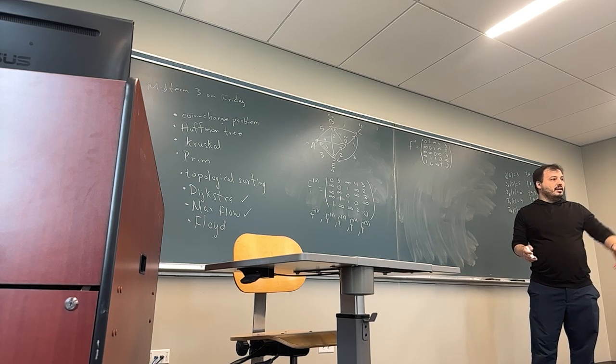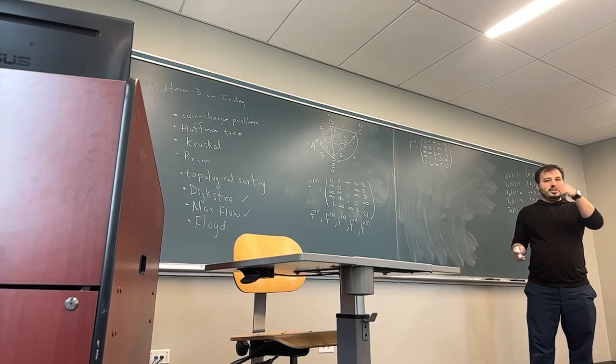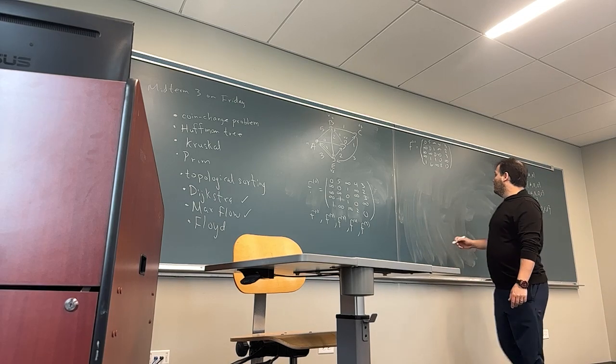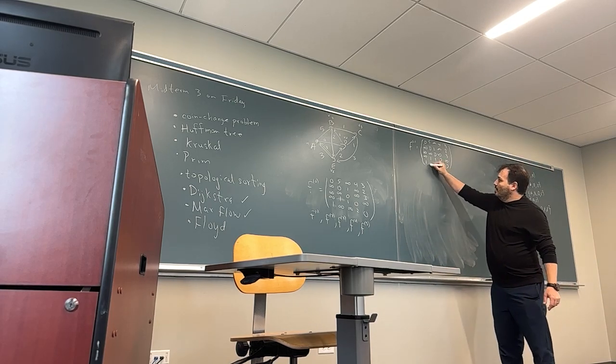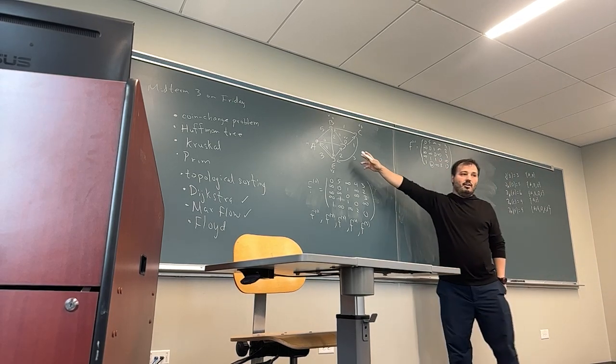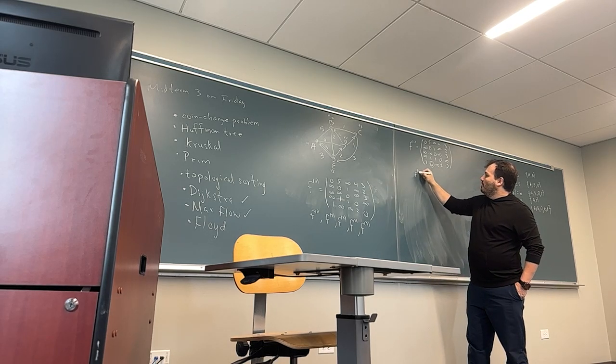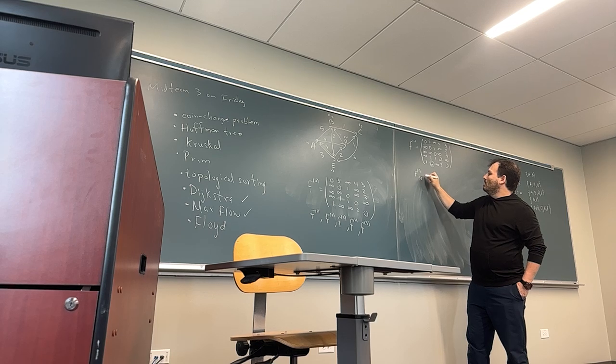Obviously, you could also solve it the other way, where you just use the entries in the matrix. So let's say this 6 here, and you don't have the diagram, so that 6 would be F, what is it, 5, 2?